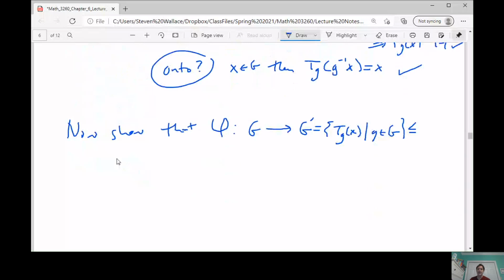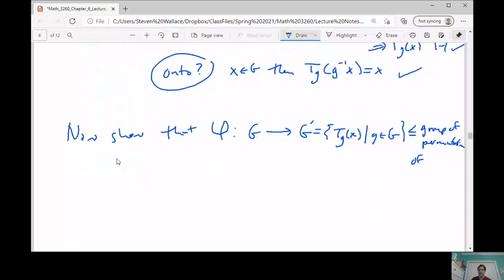Is it a group? Well, it is because it is a subgroup of the following thing. This is a group of all permutations of the elements of G. To show that this is a subgroup, you would just need to use one of the two-step or one-step criterions. Note that since Tg of x is a bijection, it has an inverse, and so you can show inverses.